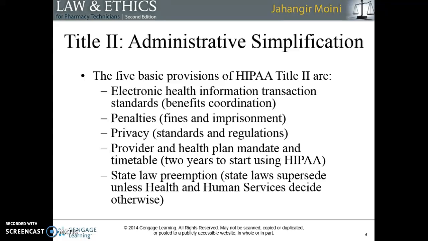There are, of course, privacy issues, which again, is just one small piece of HIPAA. And then the timetable, which is kind of past now for all of us, but they had a certain amount of time to ramp up to get everything in place to comply with HIPAA. And then, how does state law fit into all of that? They address that in Title II as well.